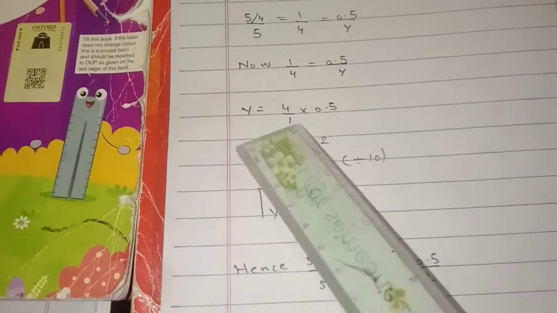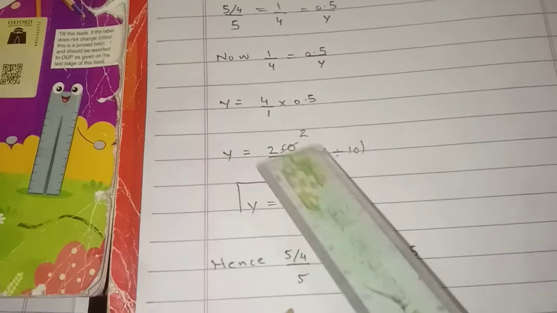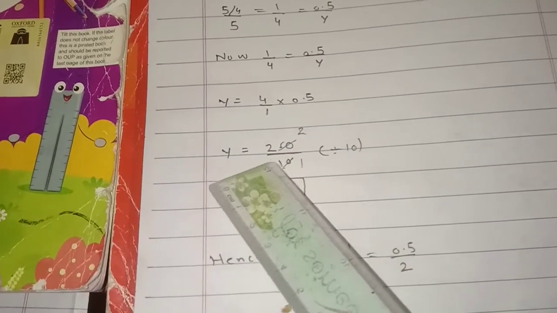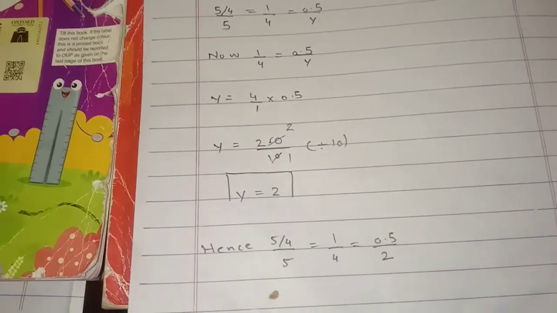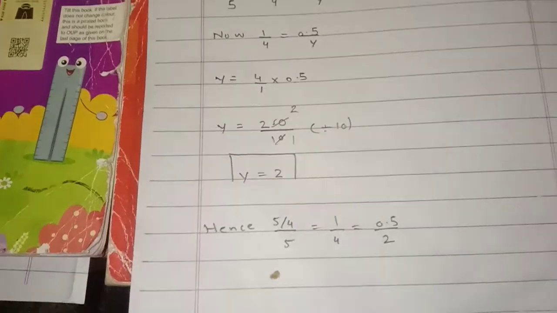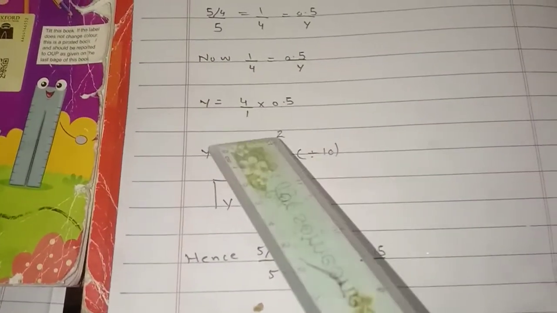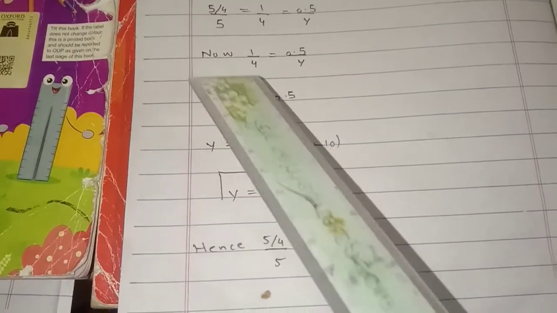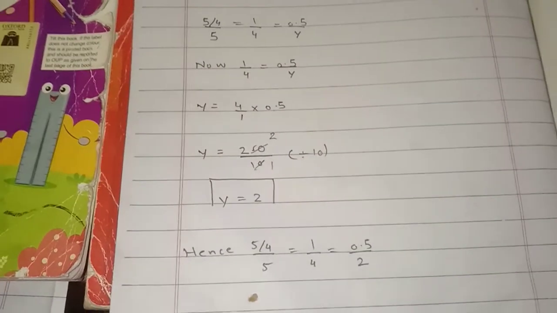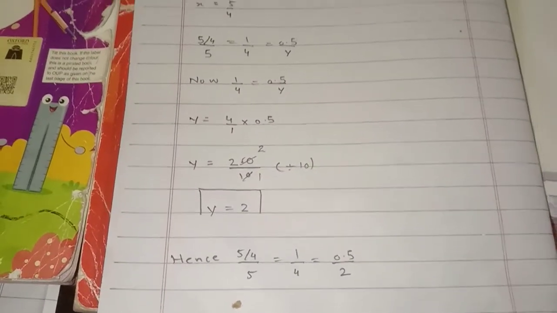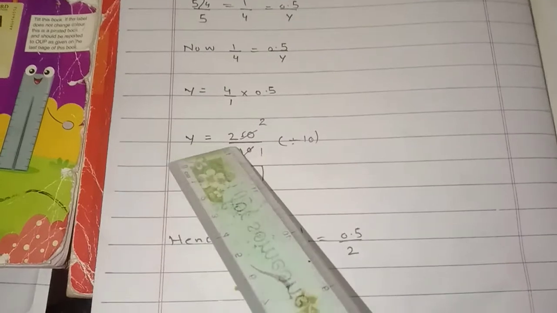So our answer will become 20 over 10, because the answer was 2.0. 4 fives are 20, we will write 0 and 2 will go there. For 0.5 multiplied by 4 is equal to 2.0.